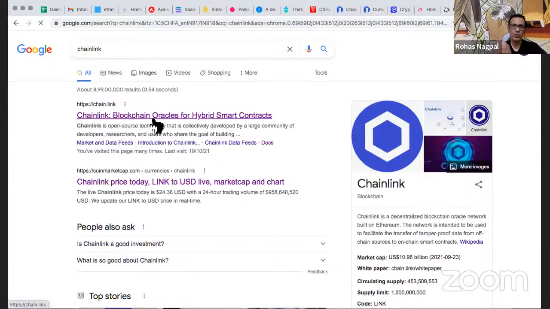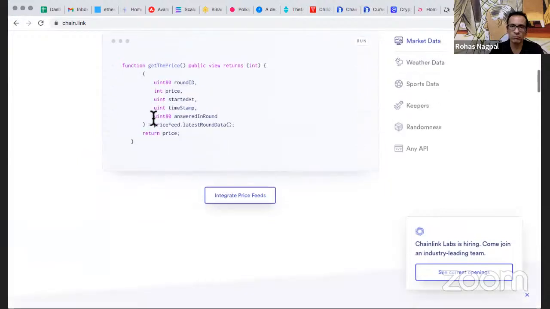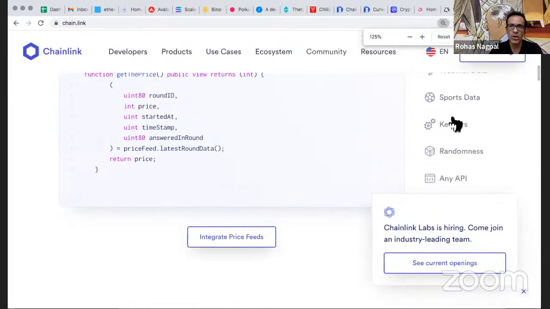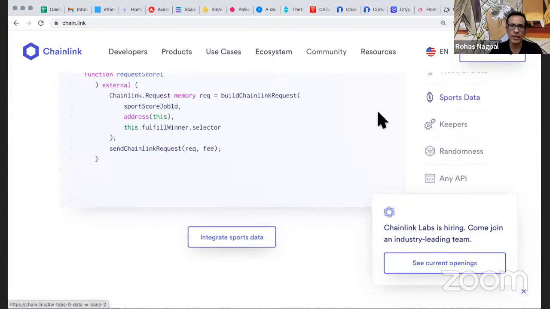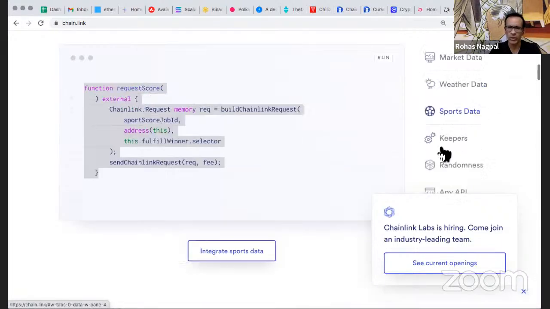Then we have Chainlink. I think we've talked about oracles before, and Chainlink is not actually a blockchain. It is a network of Oracle providers. This is the kind of data that Chainlink would be providing you. They can even give you sports data, and this is how you can write programs which pull this data. Weather data, sports data, randomness, lots and lots of things they provide.